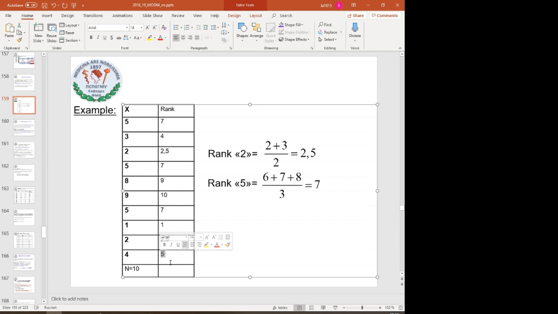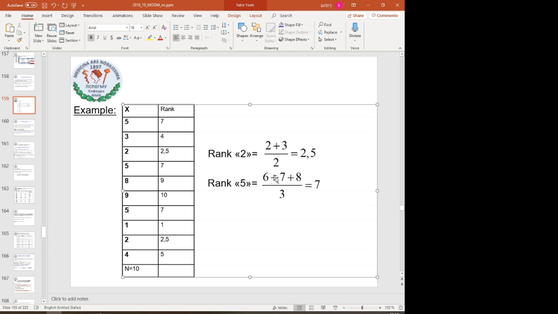We should spread the next serial numbers, 6, 7 and 8, because we have three 5s, so we spread these three ranks to patient number 1, patient number 4 and patient number 6.